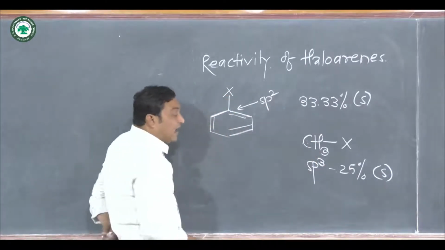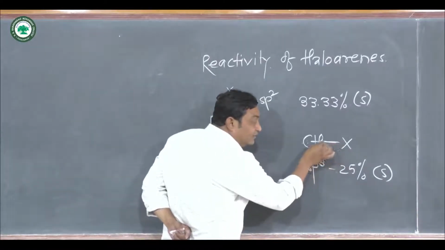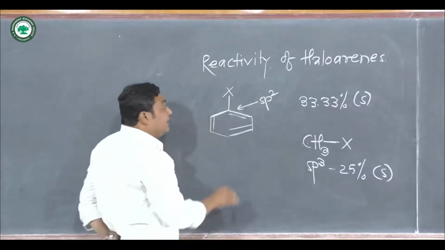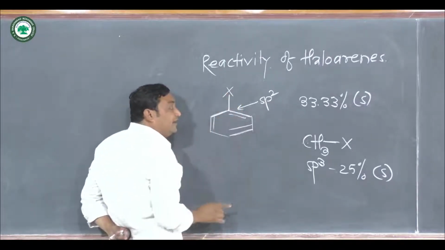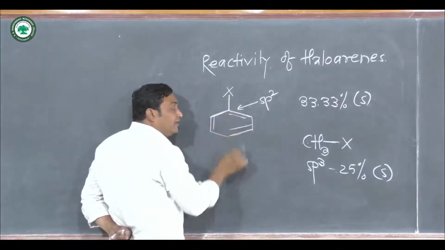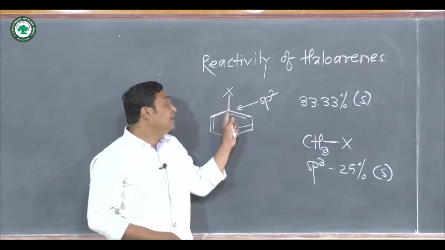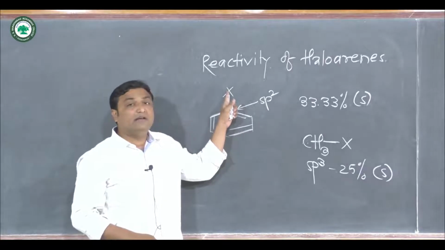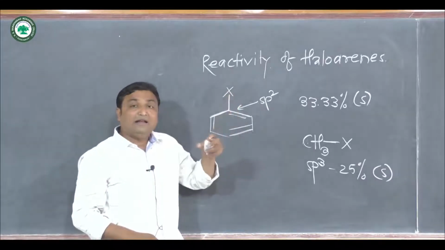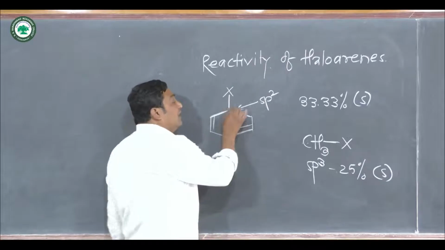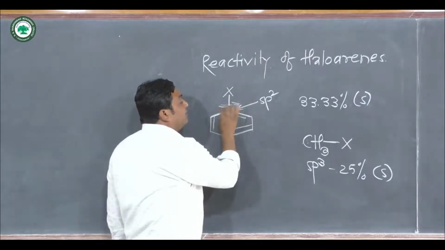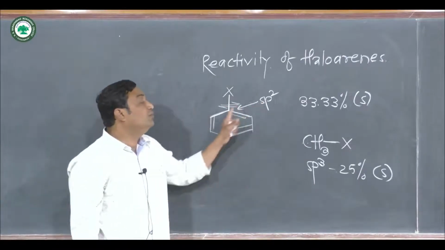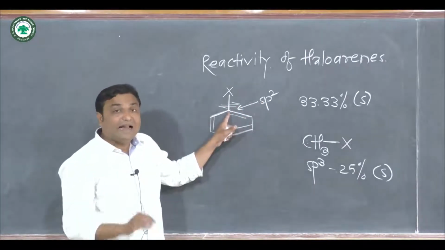That's why, compared to this carbon-halogen bond, the electrons present between this sp2 carbon atom and this halogen atom are tightly bound to this more electronegative sp2 carbon atom.